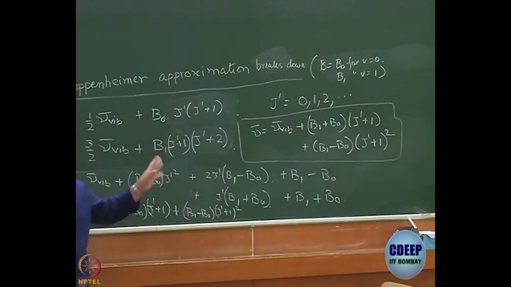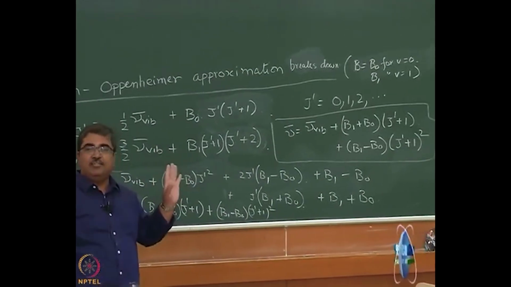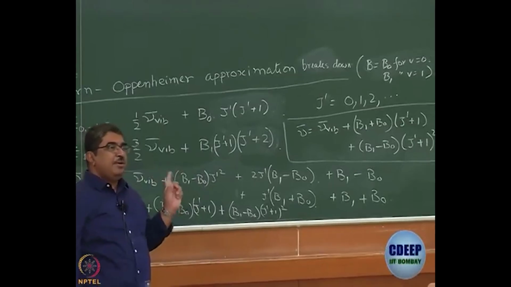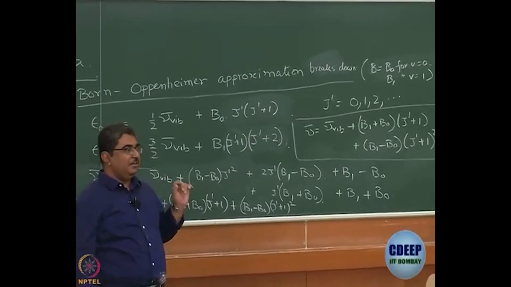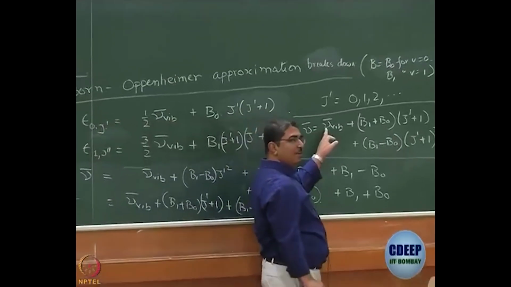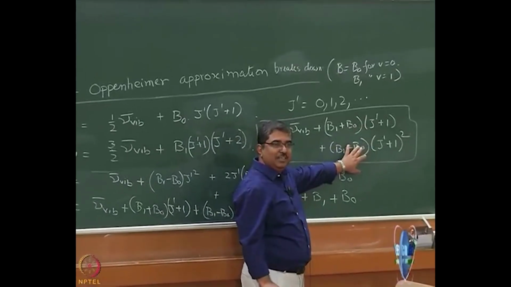Now, does this expression have any resemblance with the expression we had when Born-Oppenheimer approximation held or not? When Born-Oppenheimer approximation held, what was it? Nu bar Vib plus 2B into j dash plus 1. This third term was not there.